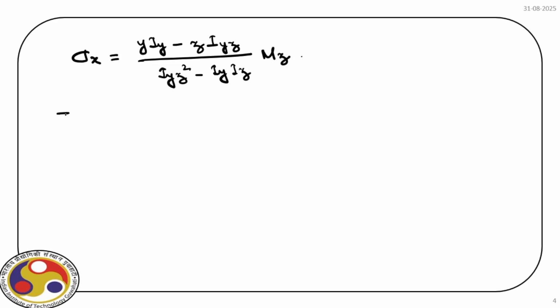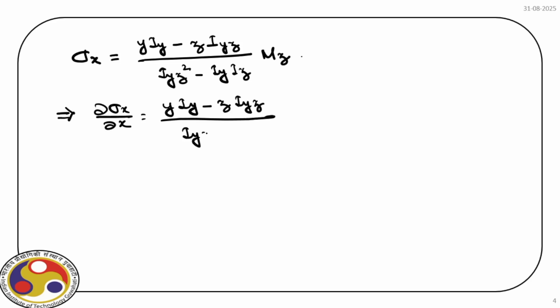Therefore, if we differentiate both sides with respect to x, what we get is obviously y times Iy minus z times Iyz divided by Iyz square minus Iy Iz, times the differential of Mz with respect to x.